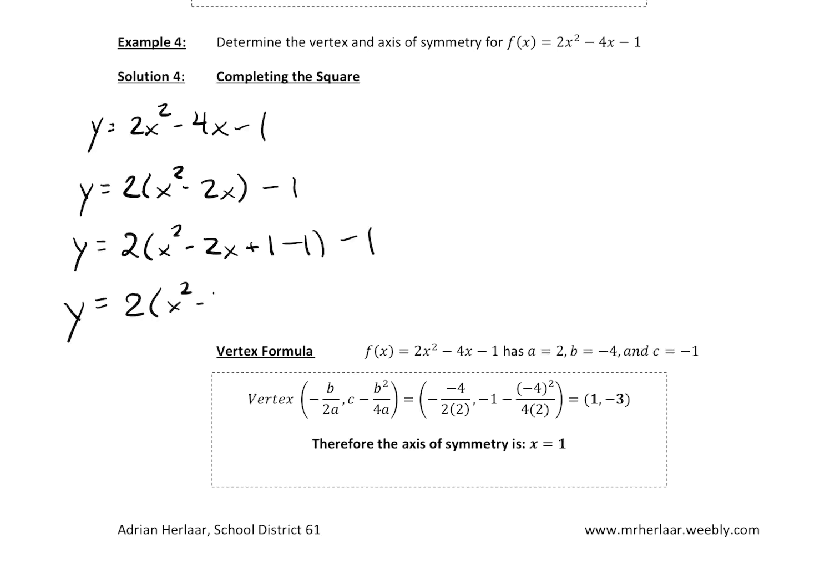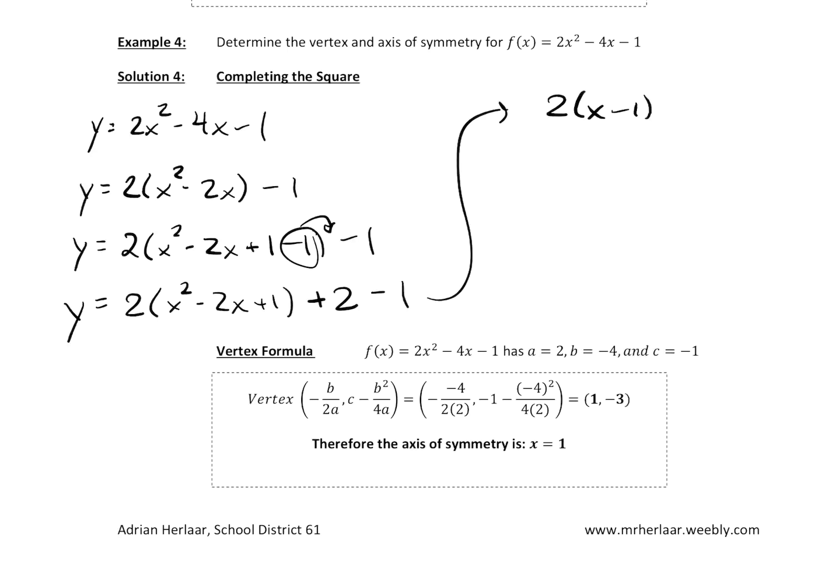So x squared minus 2x plus 1. When that negative 1 comes out, you're going to multiply by the 2. So this time we have plus 2 minus 1, and we end up with 2 times x minus 1 squared. Sorry, not plus 2, minus 2, minus 3. So your vertex is 1 comma negative 3, and you can start to graph.